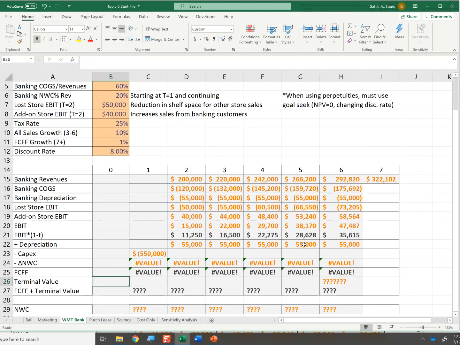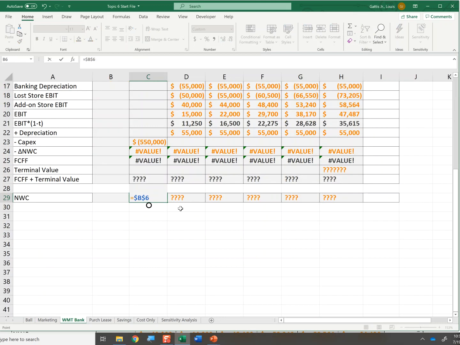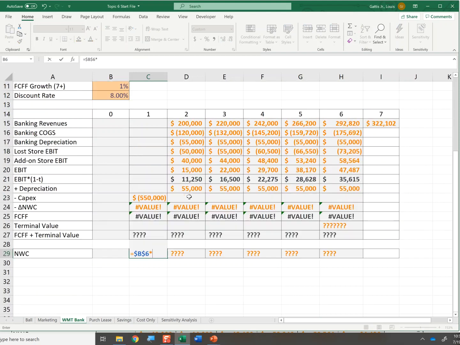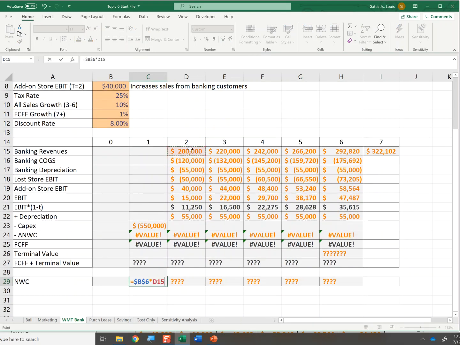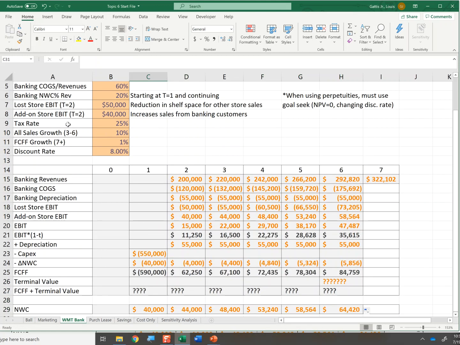So first thing we need to calculate is net working capital. Net working capital is assumed to be 20% starting in year 1 and continuing. So 20% of sales. I'm going to take 20%, anchor that, times sales of the following year. Again, there's just an assumption that it starts in year 1 and continues.